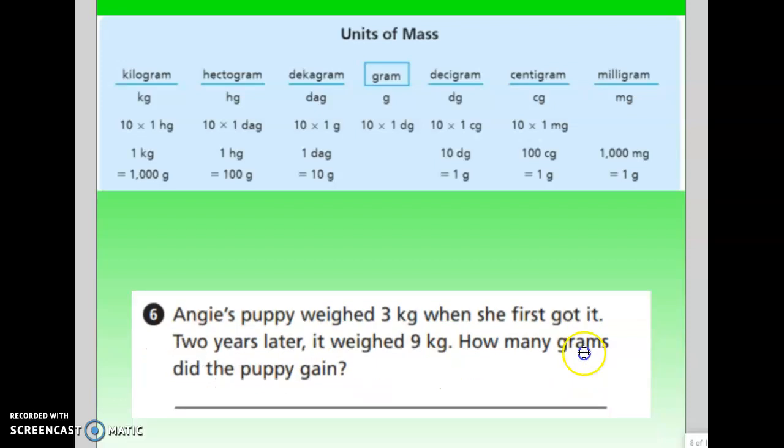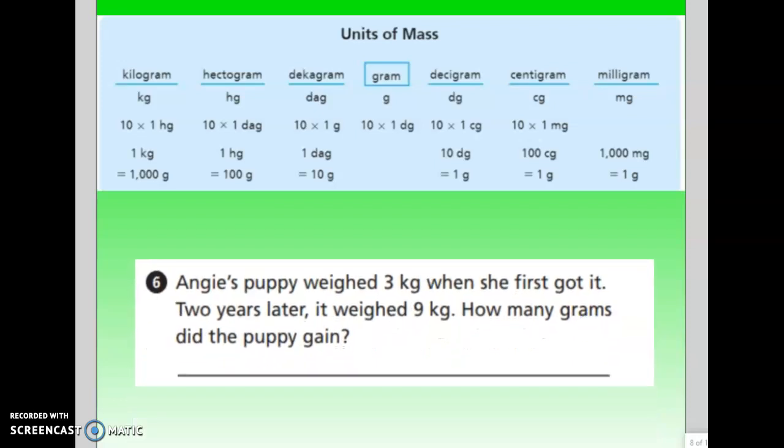All right, let's try this one. Angie's puppy weighed 3 kilograms when she first got it. 2 years later, it now weighed 9 kilograms. So how many grams is that? Remember, 1 kilogram is 1,000 grams, so 9 kilograms is 9,000.